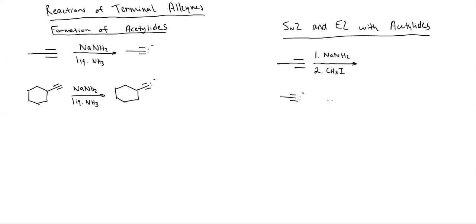And then methyl iodide is going to get attacked by this negative charge, because strong negatively charged nucleophiles are good for SN2. So this reaction is going to be favorable. This is just going to come in here, attack this carbon, and then iodine leaves.